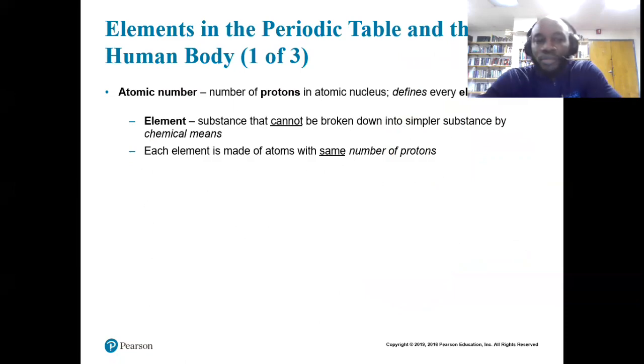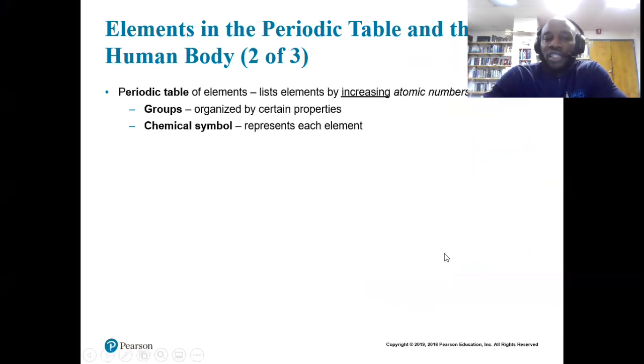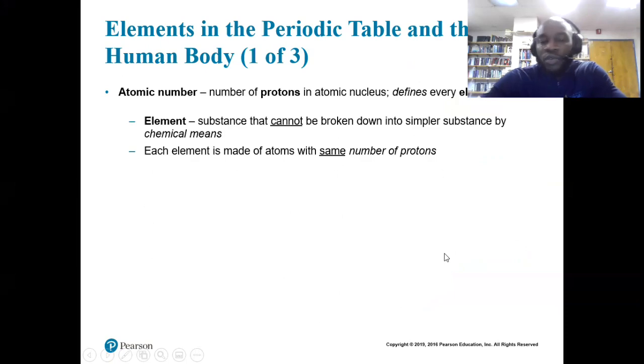All right, so atomic number. Hopefully you've all seen what we call a periodic table, a listing of all of the elements that we know of in the world so far. Now they have added to it.